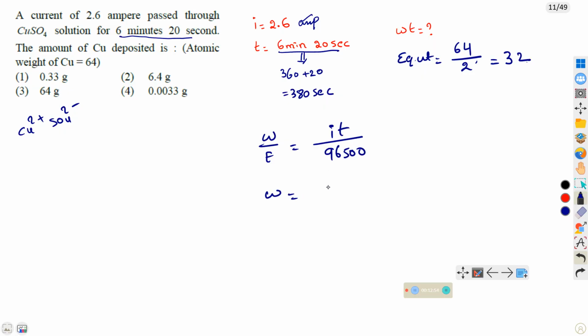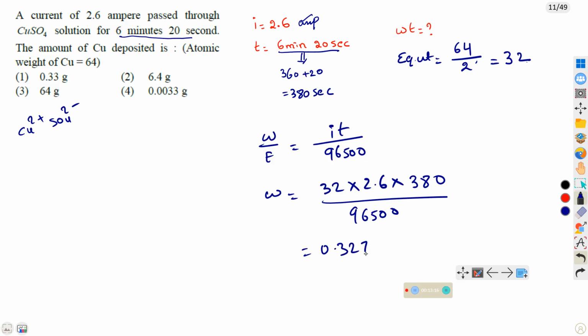Then weight is equal to equivalent weight into I into time 380 by 96500. Now simplify. Then you will get 0.327 grams, nearly equal to 0.33.